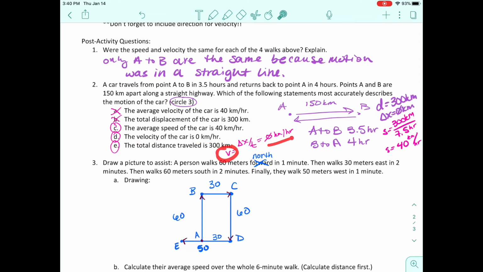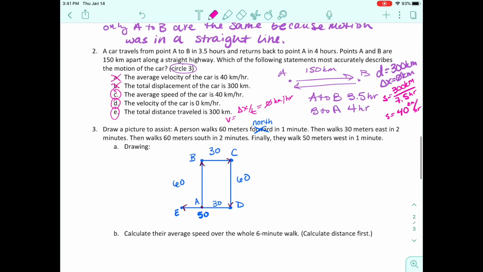We just confirmed that one a second ago when we said that A was false, right? So velocity is 0. That is good. And the last one, the total distance is 300 kilometers. That was the first thing we figured out, that the distance was 300 kilometers. So that one is good. So the answers are C, D, and E for number 2.